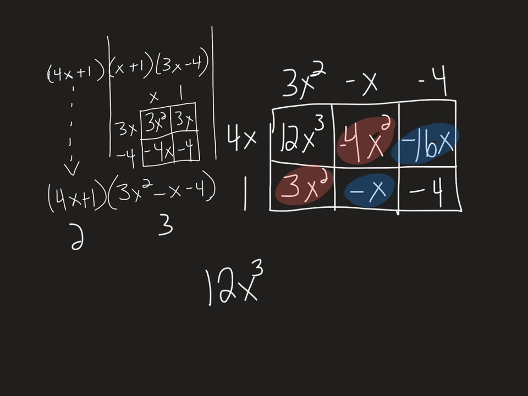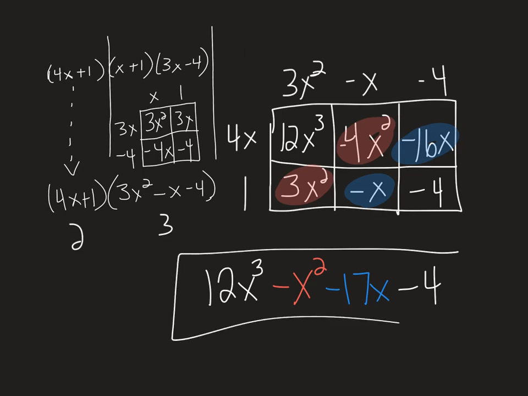Next highest power is the x squareds, which are called the quadratic terms. We'll combine those together. A negative 4 plus 3 is negative 1 x squared. Combine our linear terms together. Negative 16 plus negative 1 is negative 17x. And then our negative 4 was not a like term. It just stays along for the ride to the final answer. And that is it.